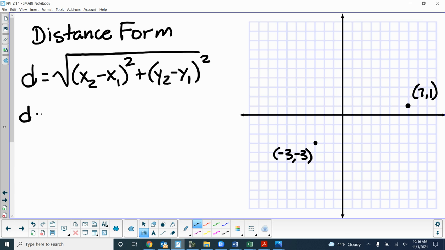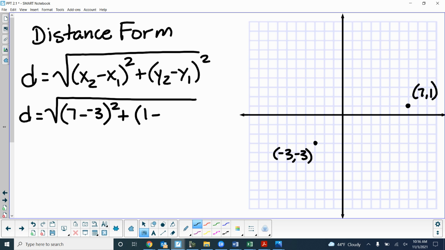Okay. So since I put 7, 1 second, I'll use that 7 as the x2, and minus, and then -3 as x1. So then I'll use 1 as the second y, minus -5 for the first y. Any problems with what to put in where?